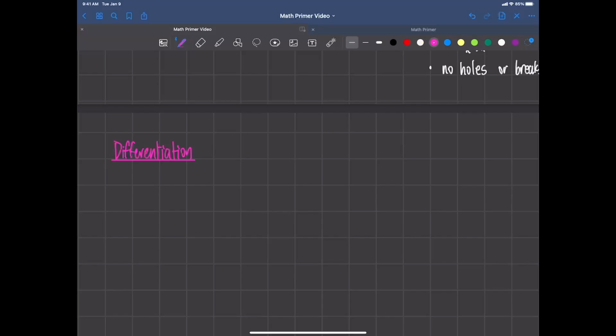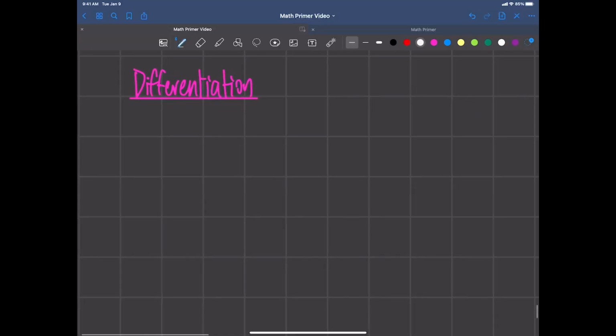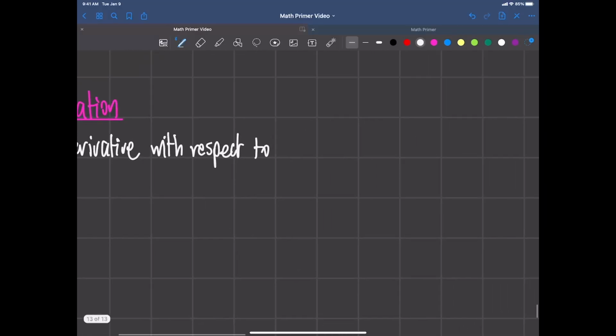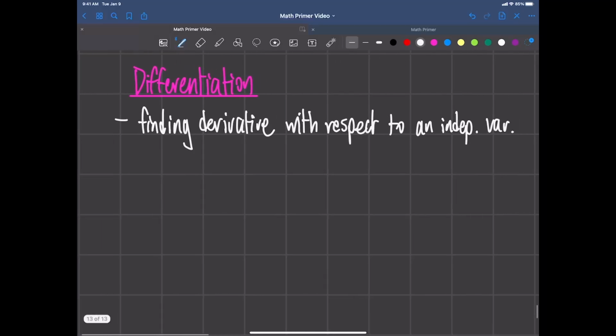The process of finding the derivative of a function with respect to an independent variable is what we call differentiation. It's the instantaneous rate of change in the function based on one of its variables.